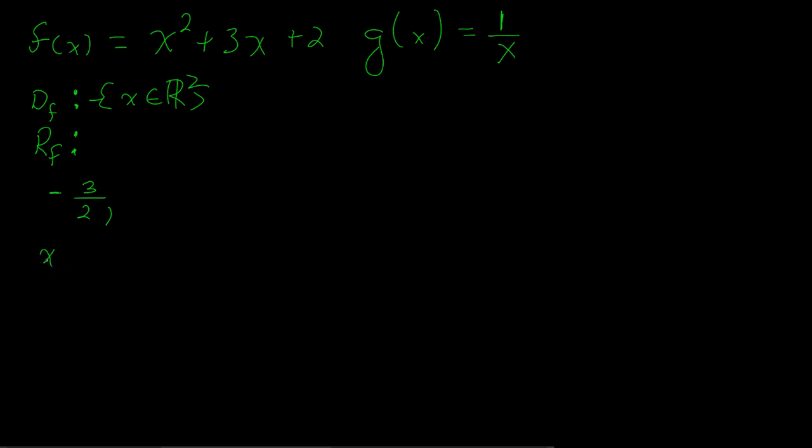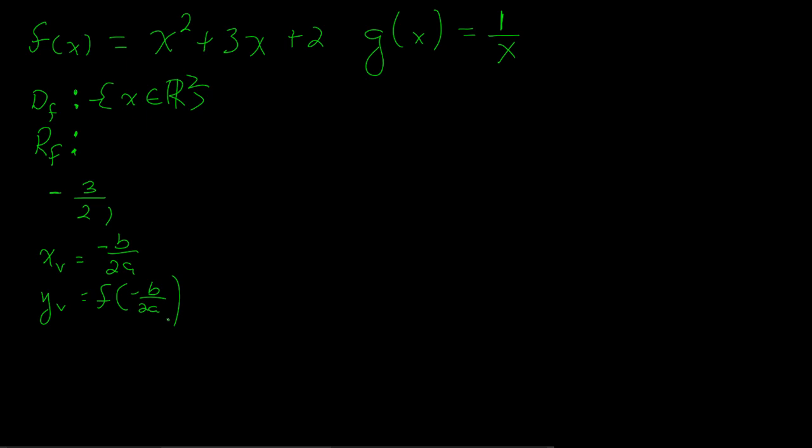I'm using the x value of the vertex is -b over 2a. And so there's -b over 2a. The y value of the vertex is the value of my function at that point.